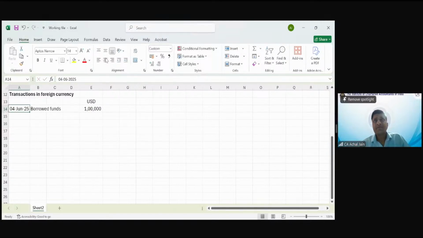Right? Now, on 4th of June 2025, the company will have to record this. Yes or no? So can you tell me what will be the accounting entry without amount? In this case, what accounting entry will be passed by the company? Over to you. You can just ignore the amount.